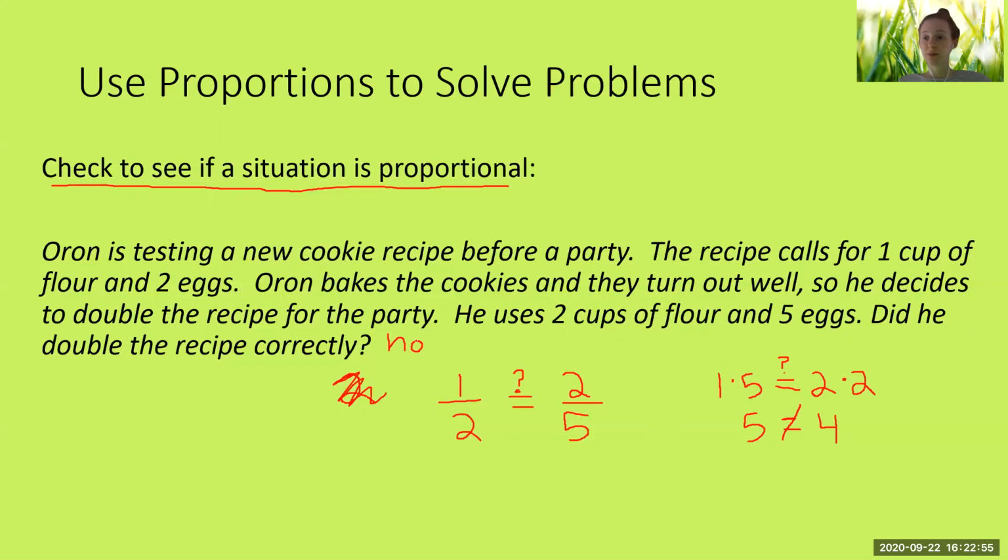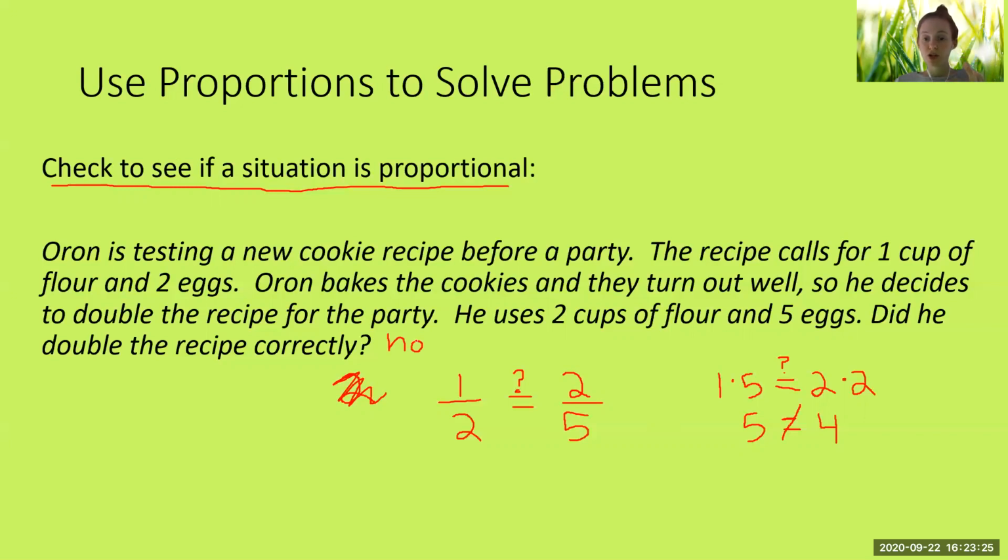So that's one type of proportion problem we might encounter, where we need to check and see if a situation is a proportion. How do you know if you're looking at that type of problem? Well, the problem will involve a comparison of 2 things, in this case comparing cups of flour and eggs. And then you will be provided with 4 numbers, right?